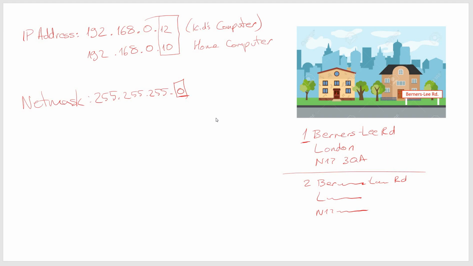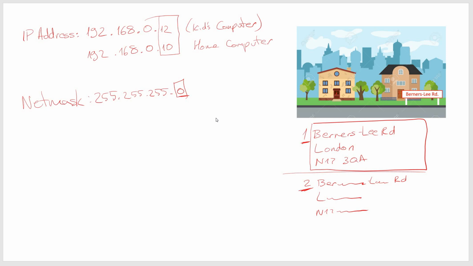So both of these house addresses are the same except the number of the door, which is used to access the individual house. To access this group of houses, we need all of this information, which is the same in both addresses, and then to access the individual houses, we need the door number.